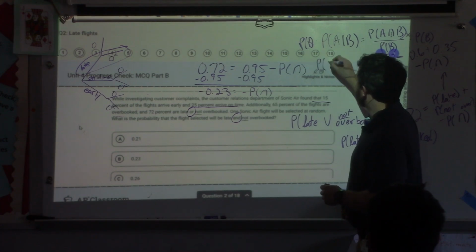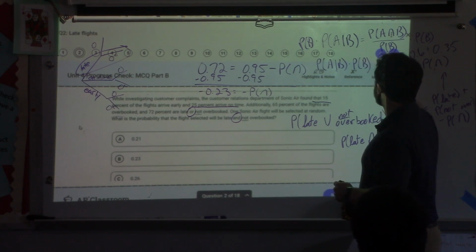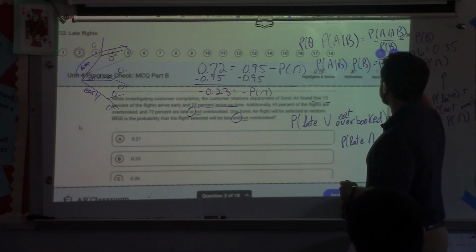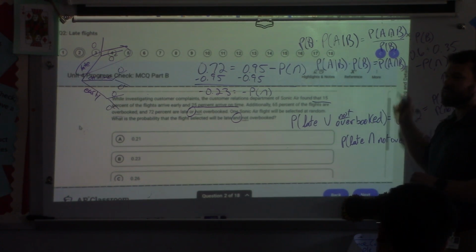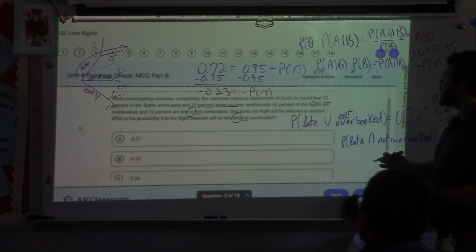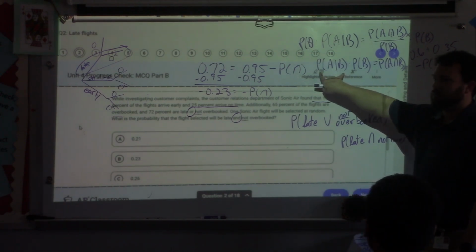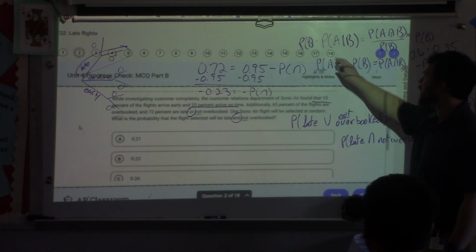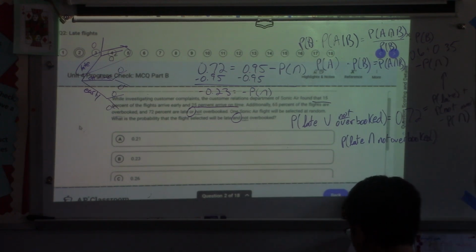The probability of A given B times the probability of B is equal to the probability of their intersection. So general addition is union, general multiplication is intersection. But remember, if they're independent, what is this equal to? Just P of A. That's how we got that independent multiplication rule. That makes sense. Okay.